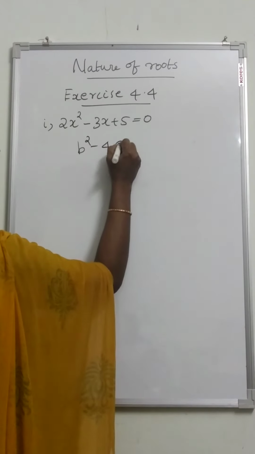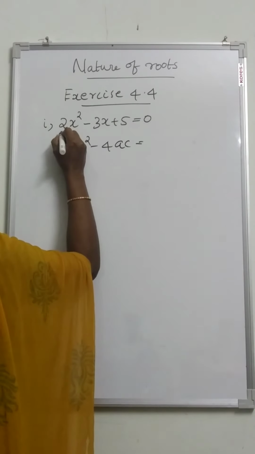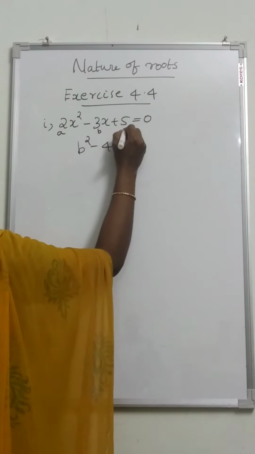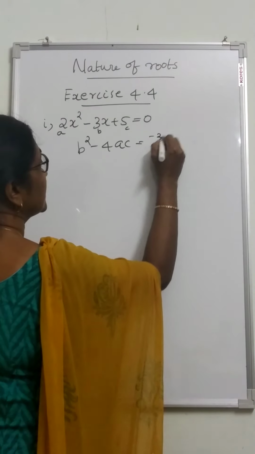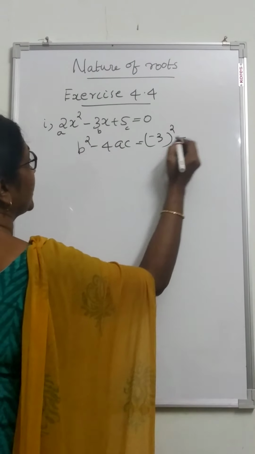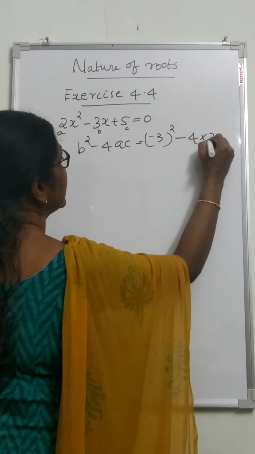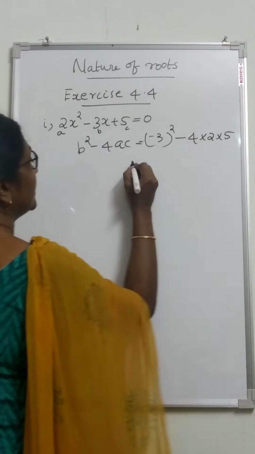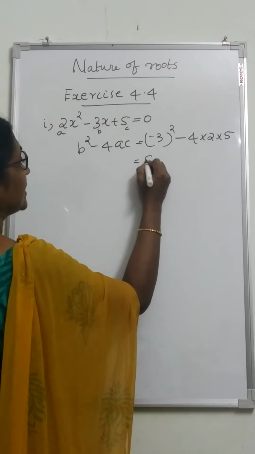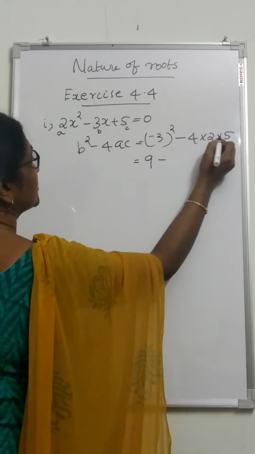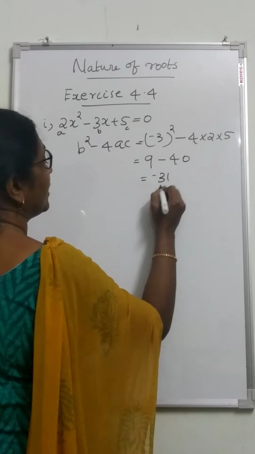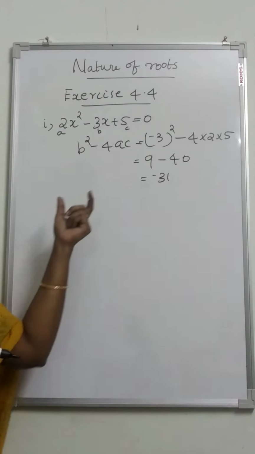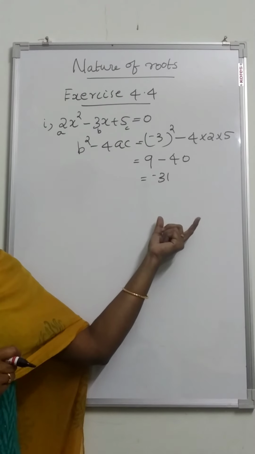Then find the value of b square minus 4ac from this equation. This one is a, this is b, and this is c. b square minus 4ac, that is minus 3 square minus 4 into a, which is 2, into 5. That is minus 3 square, that is 9, minus 40, that is minus 31. The value of b square minus 4ac is minus 31.